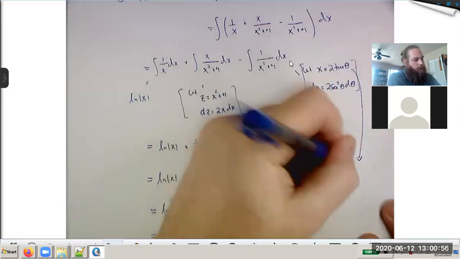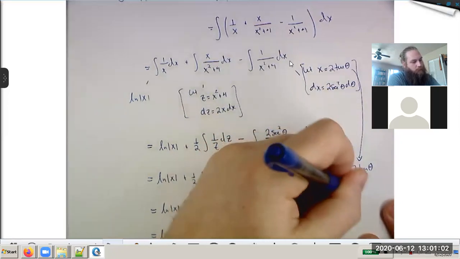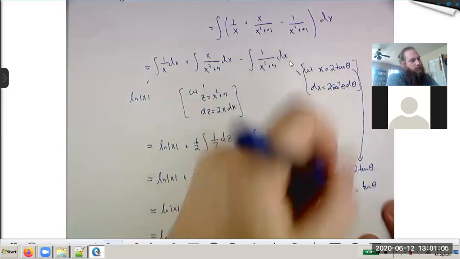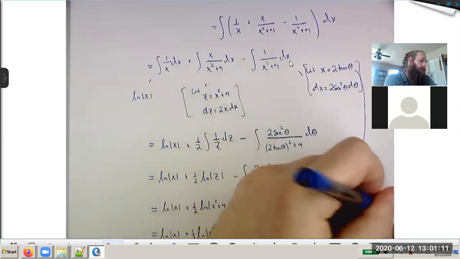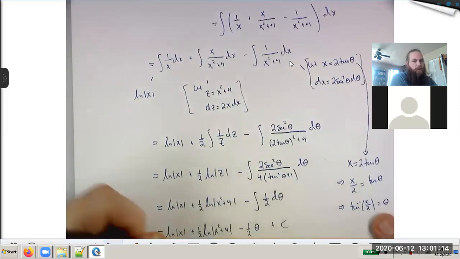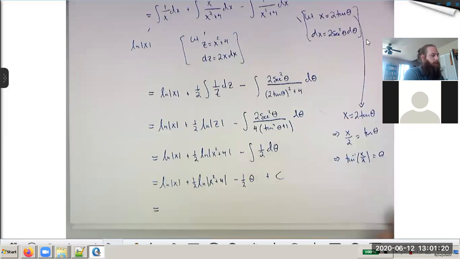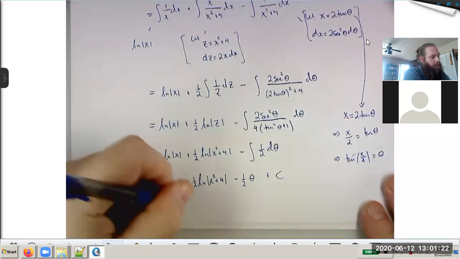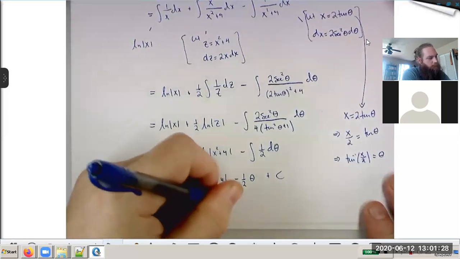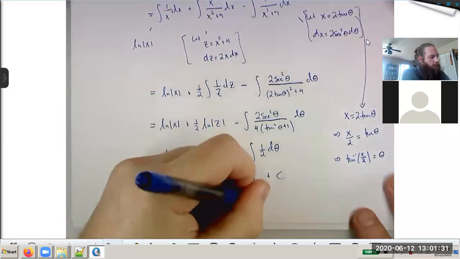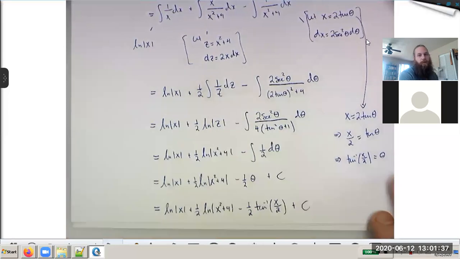Remember, x was 2 tan theta, which means x over 2 was tan theta, which means the inverse tangent of x over 2 is theta. So your final answer here is ln abs x plus 1/2 ln abs x squared plus 4 minus 1/2 inverse tangent of x over 2 plus c.